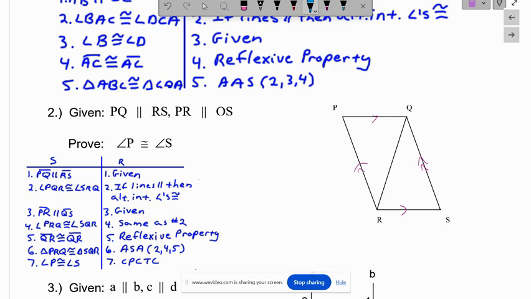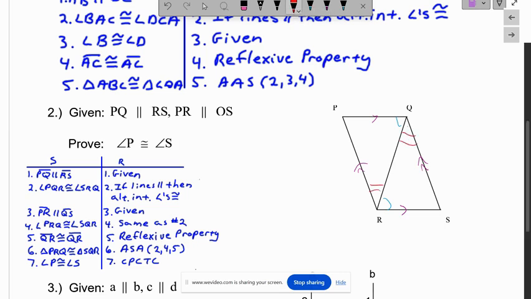So we would know that PQR is congruent to QRS because alternate interior angles are congruent. And that would be because PQ and RS are parallel. And then we end up doing the very similar process for these two angles. Oh, my pen doesn't want to write.